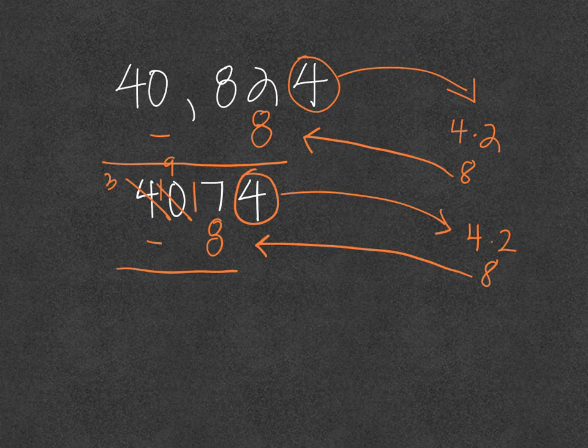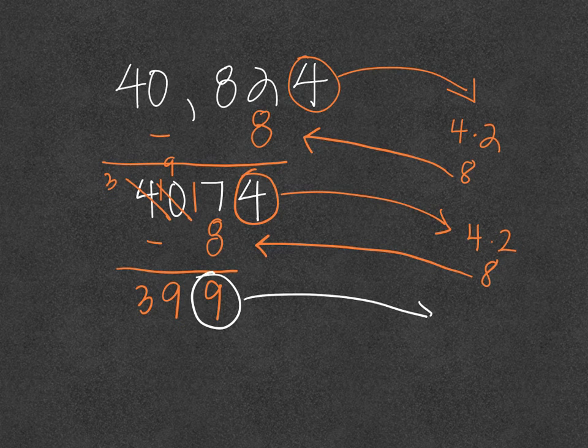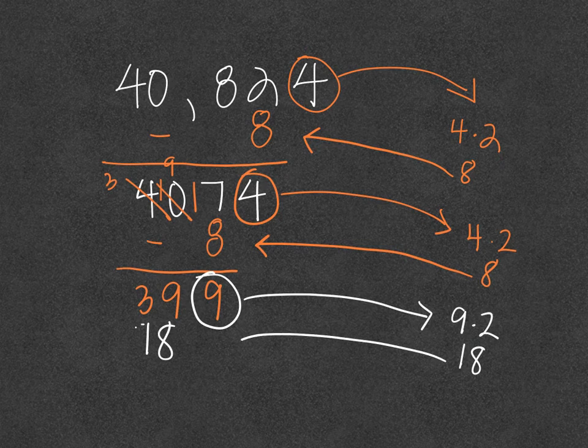So we get 399, and the last digit, we're going to take that away. That's 9 times 2 is 18. So the 18 will come back over here. 39 minus 18 is 21.